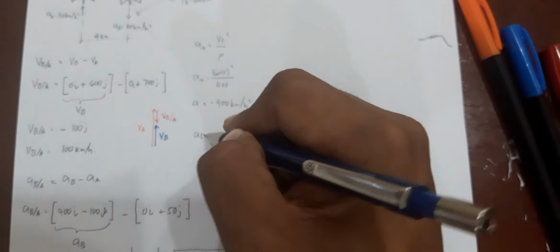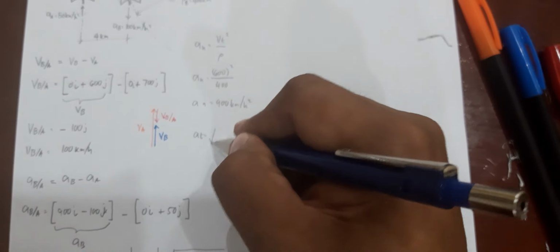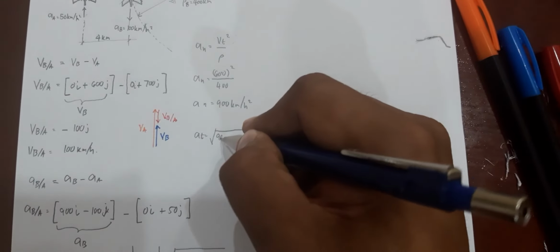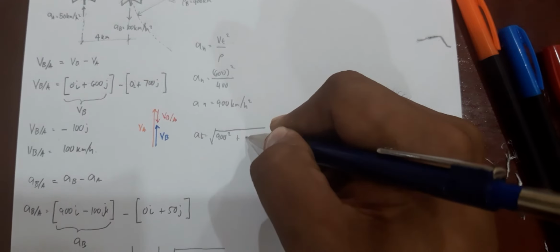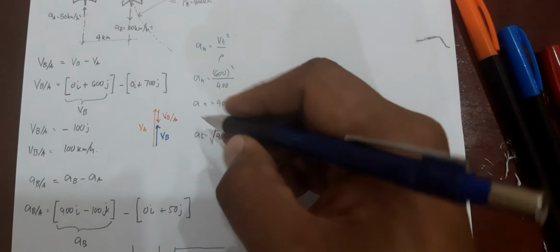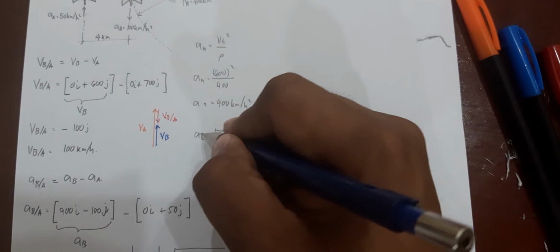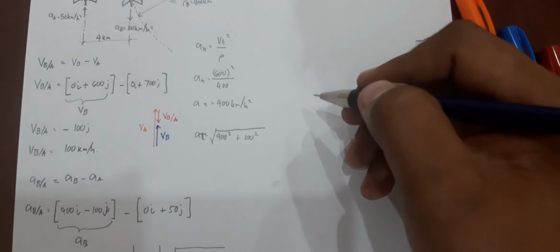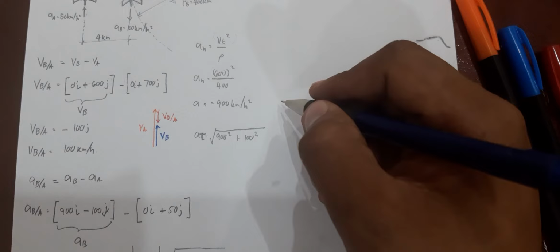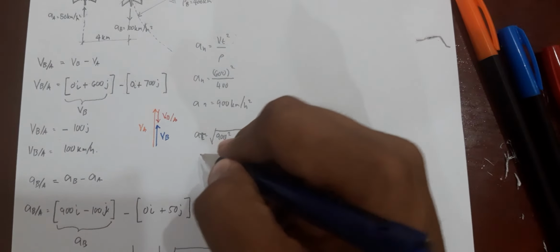A total is equal to the square root of 900 squared plus 100 squared. Sorry for the notation, that would give you the total acceleration AT.